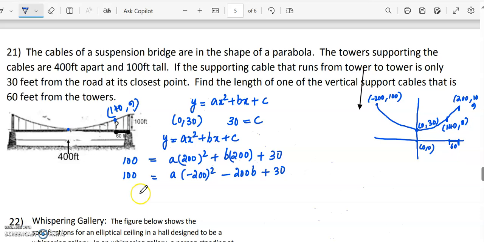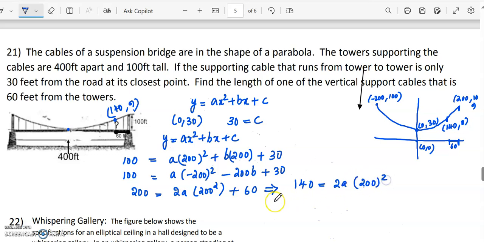So when we add both equations, we get 200 equals 2a times 200 squared plus 60. So that will be 140 equals 2a times 200 squared.